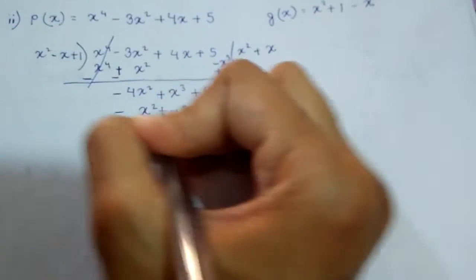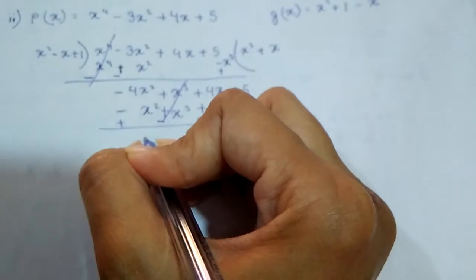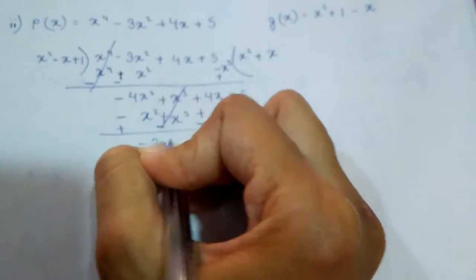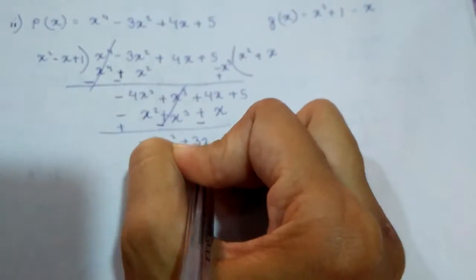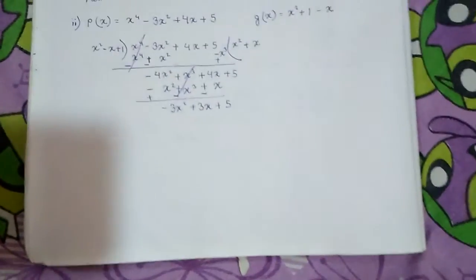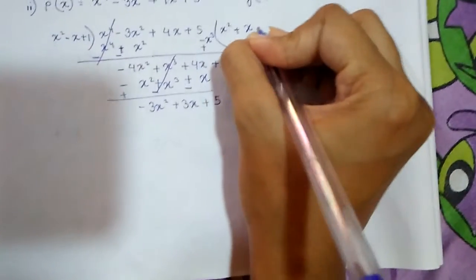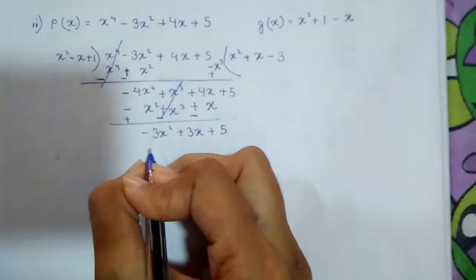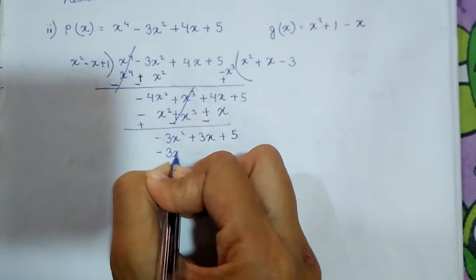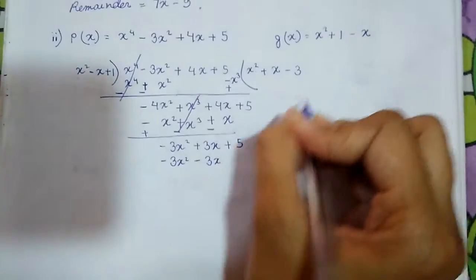Now you have to change the sign. We got minus 3x square plus 3x plus 5. Now it is 3x square, so here is x square. Simply we have to multiply with minus 3. Now we will get minus 3x square, minus 3x.